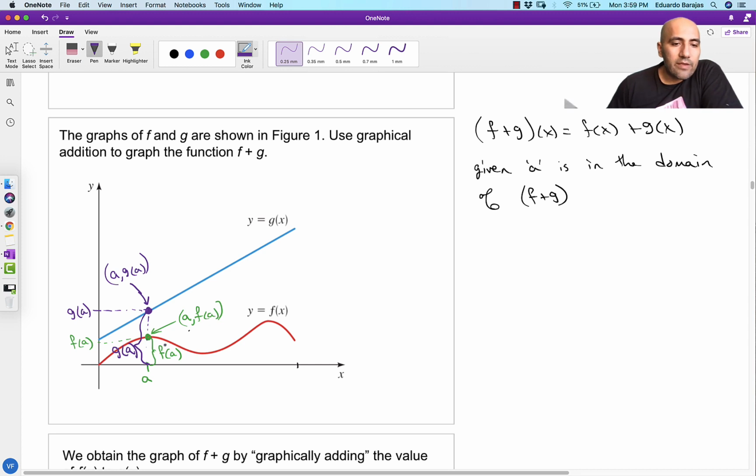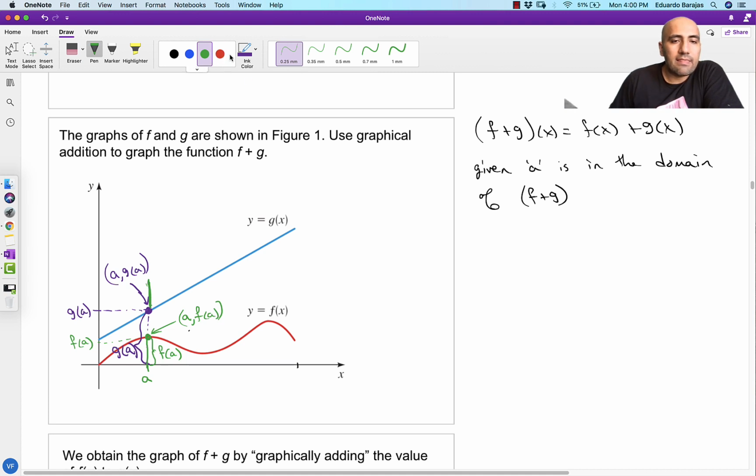Okay, so now if we take this little section right in here, this height, which is the f of a, and we add it to the top of this one, the height g of a, so we measure it, take it, and bring it right above.